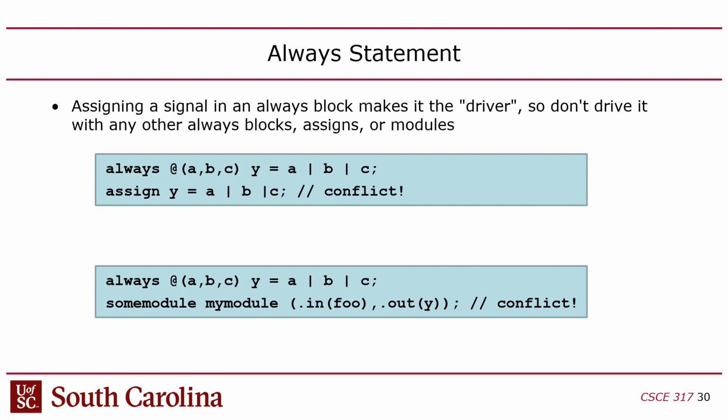Does that make sense? I'm not sure if I'm explaining this as well as I could be. But the point is that an always statement is a blob of logic, a circuit. An assign is also a circuit. And if I create a submodule here, that's also a circuit, right? So what I'm showing here are 4 lines of code. Each one of these lines of code creates a circuit.